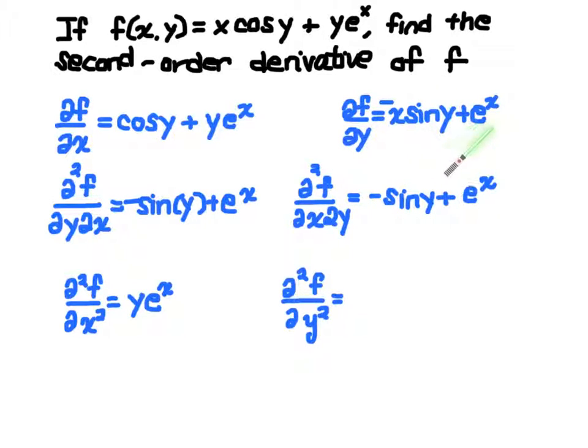The second term is treated like a constant, so this is going to give us a 0 when we take the partial derivative with respect to y. So we're just going to work with this one, and our negative x is sort of like a constant coefficient, and we're going to take the partial derivative of the sine of y with respect to y. So we end up with a negative x times the derivative of the sine of y with respect to y, which is the cosine of y. And there we have the second partial derivative of f with respect to y.